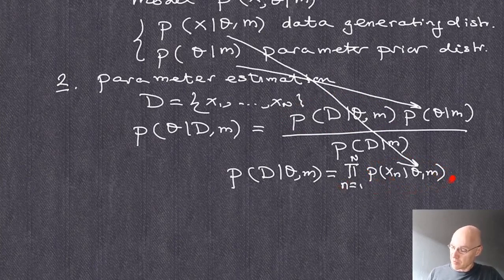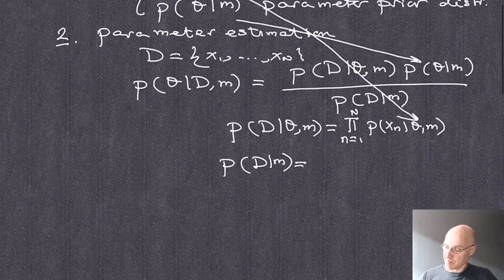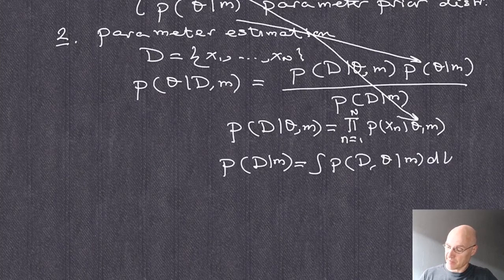So this now is also just a function of theta and m, and no longer of these values, because you can plug in these values. Let's look at the denominator, p of D given m. Well, this happens to be the same as the integral of p of D, theta given m d theta, according to the rule of marginalization.